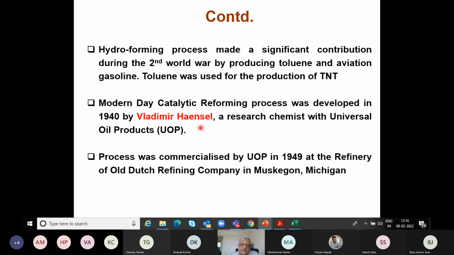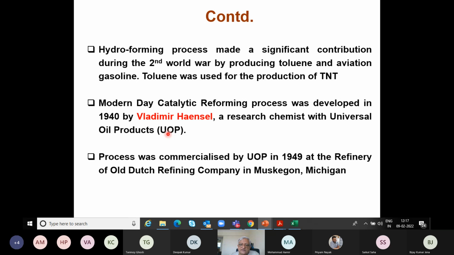It was developed by Vladimir Haensel, who was a research scientist at a company called Universal Oil Products, which is called UOP. And in our industry, UOP is more like a name next to God, because almost every refinery in the world, and we have more than 600 refineries in the world, there's not a single refinery which may not be using a technology developed and commercialized by UOP.